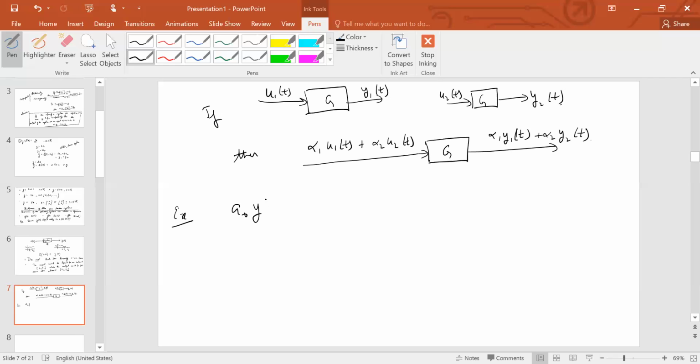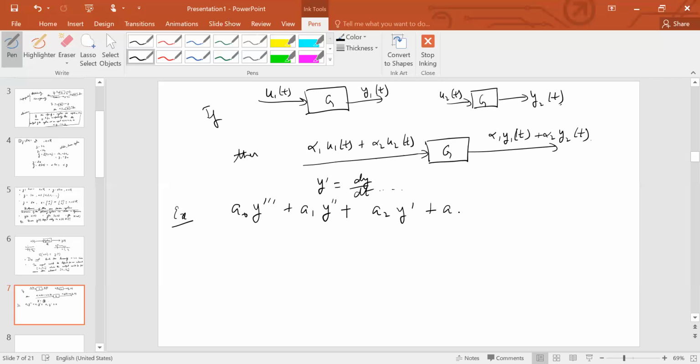A0 y triple dash plus A1 y double dash. So y dashed is basically nothing but dy/dt. That's how everything else is also defined. I'm not going into that. You can make out what that means.